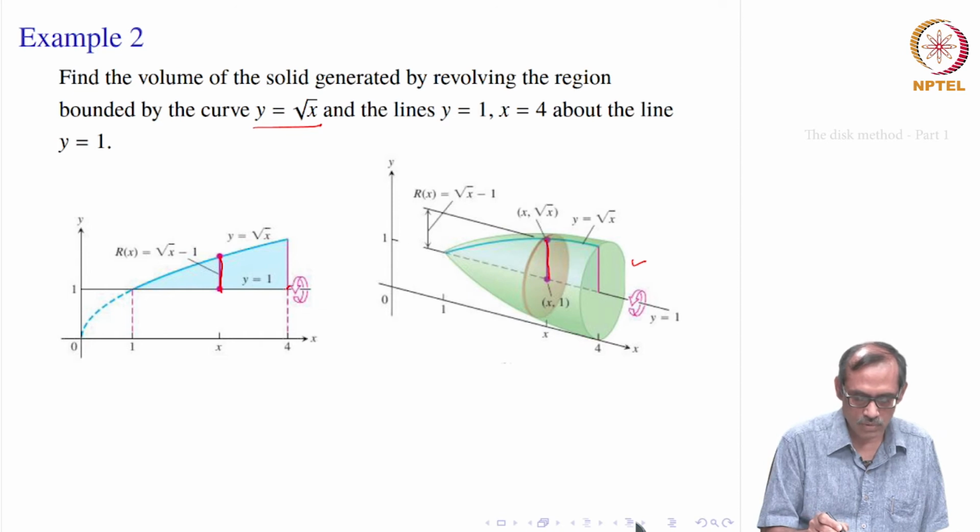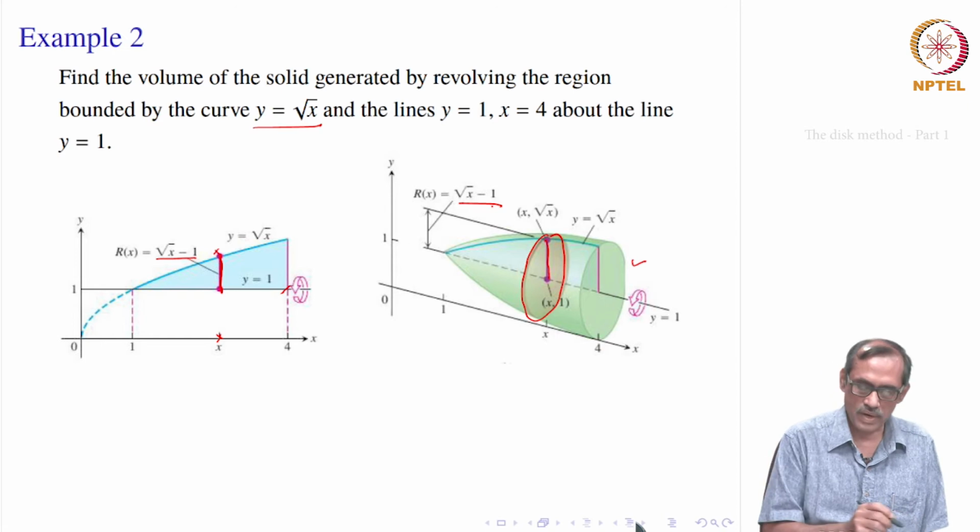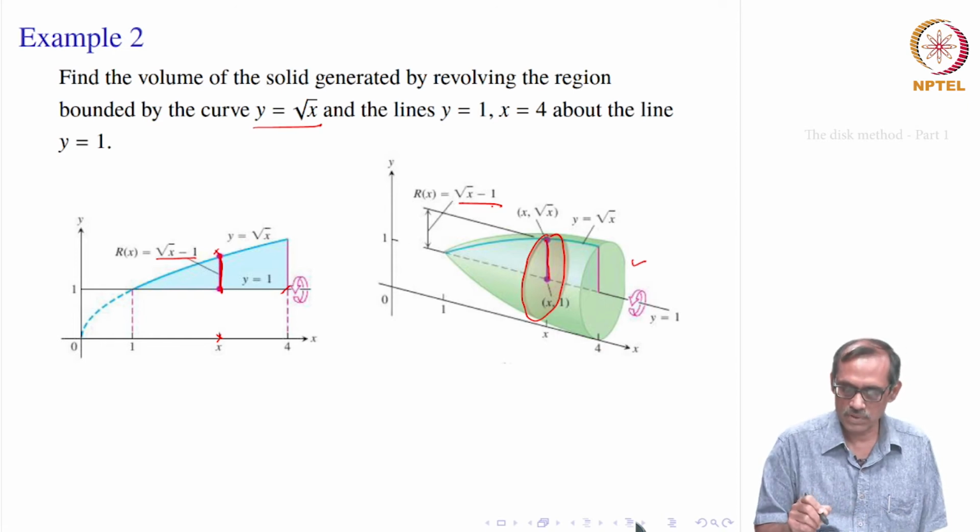Since this is y equal to 1 and this point is y equal to root x, the height is now 1 and this height is root x. So, it is root x minus 1, that is really the radius of that disc. Radius of this disc is root x minus 1. So, our A of x will be pi times root x minus 1 whole square.